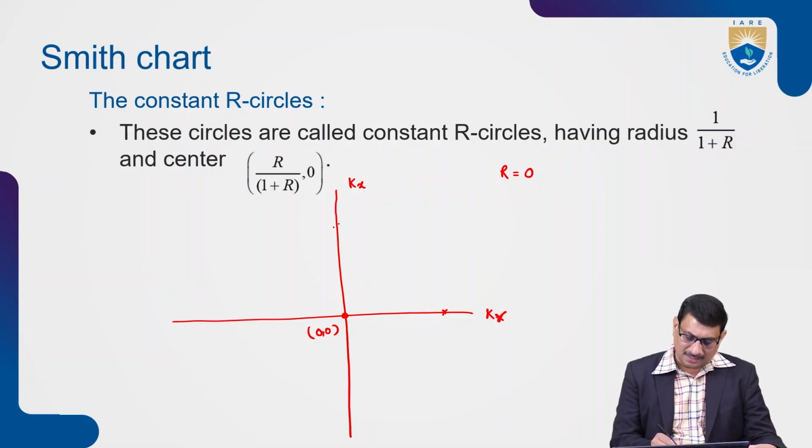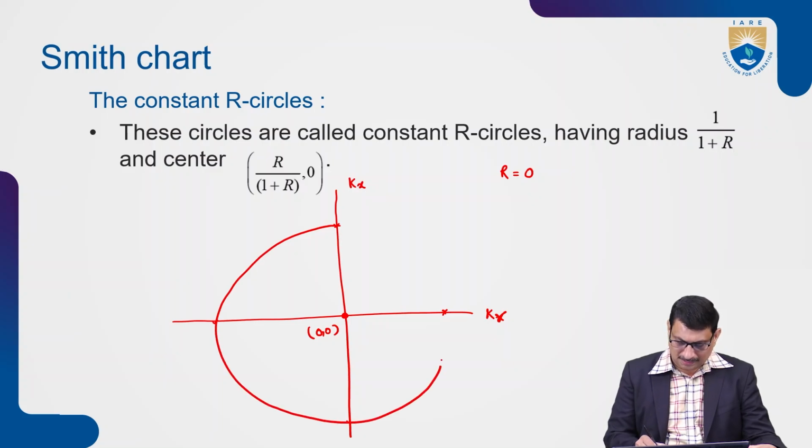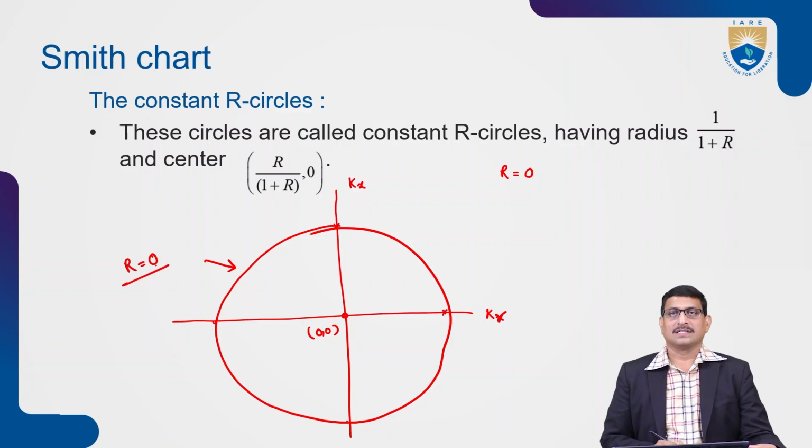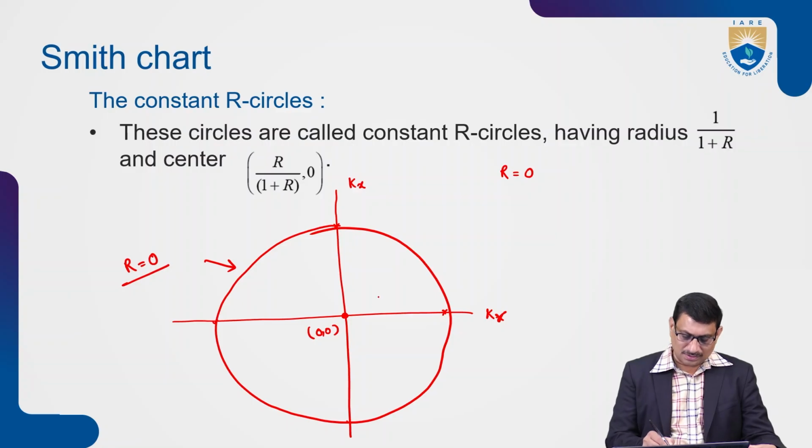So if I take 1 centimeter here, then if I draw the circle, this will represent the r equal to 0 circle. I consider r equal to 0, and if I draw the circle, it has 0 comma 0 as the center, and 1 as the radius.